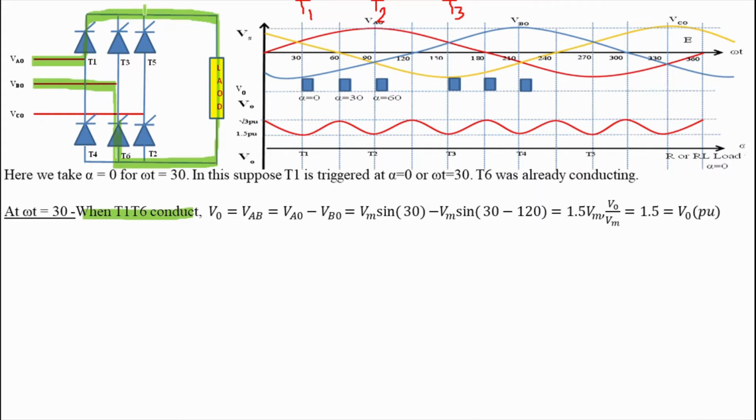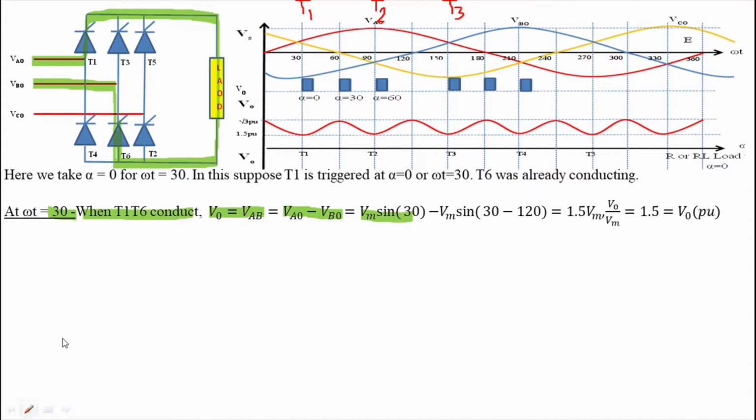On applying KVL on this path, we will get V0 equals VAB, that is VA0 minus VB0. Here VA0 is Vm sin omega t. Here omega t equals 30 degree, so we will get Vm sin 30 minus VB0. VB0 is Vm sin (omega t minus 120 degree). Here omega t equals 30 degree, so we get Vm sin (30 minus 120 degree).